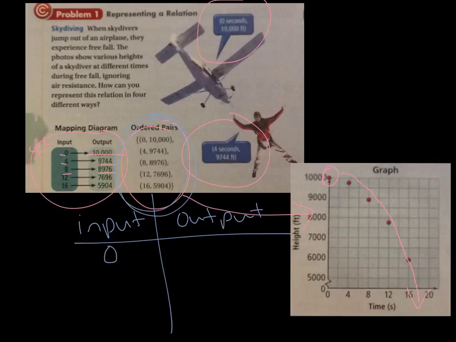So at time equals 0, the output is 10,000 feet. After 4 seconds, he's at 9,744. After 8 seconds, they are at 8,976 feet. So this person continues to drop in the free fall until he opens his parachute. So we could continue listing the other 2 ordered pairs in our table.